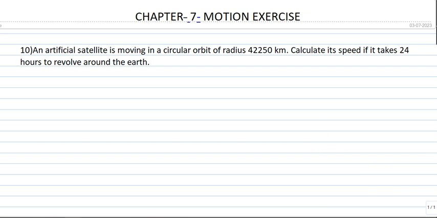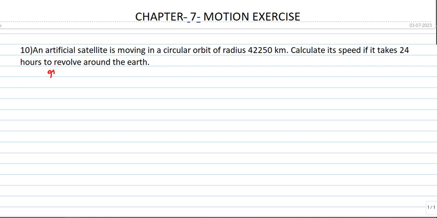The 10th question is, an artificial satellite is moving in a circular orbit of radius 42,250 kilometers. Calculate its speed if it takes 24 hours to revolve around the earth. So what is the information we have?